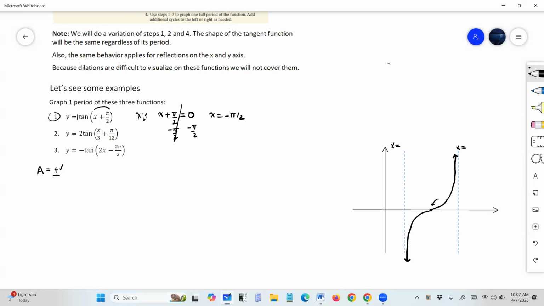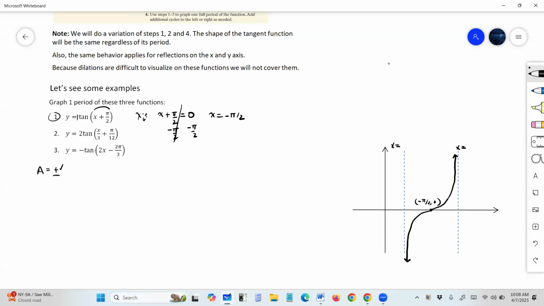So the location of the x-intercept will be negative pi over 2, comma 0. We're not going to be doing any shifts up or down, right or left, just the standard function in this format. The x-intercept is pretty easy, and it's always done the same way.